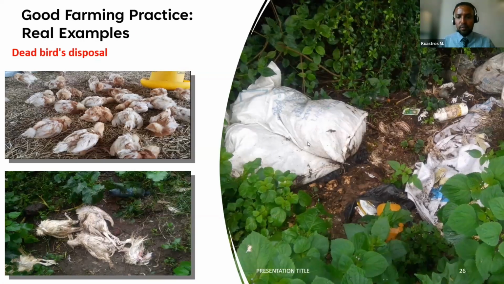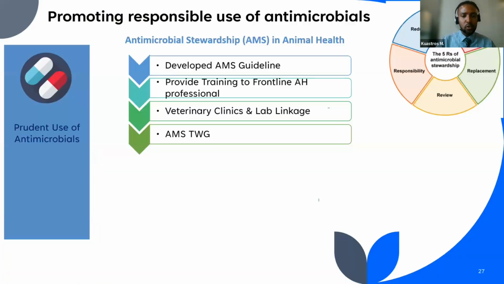As you can see from the picture, they just throw them anywhere without properly decontaminating those birds, because some of them could have died of infectious diseases that could easily transmit to others or contaminate the environment. So these are some of the good farming practice examples that show how the current practice looks like.